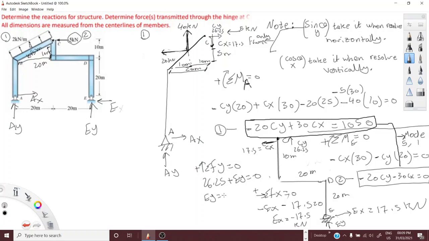So Ey is equal to negative 26.25 kilonewton, where Ey equal to 26.25 kilonewton should be downward. So we need to change it to downward, 26.25 kilonewton.